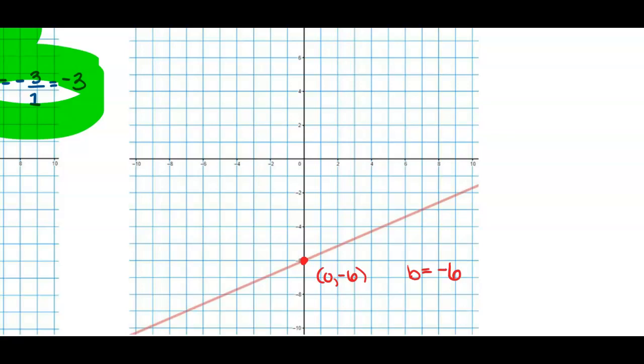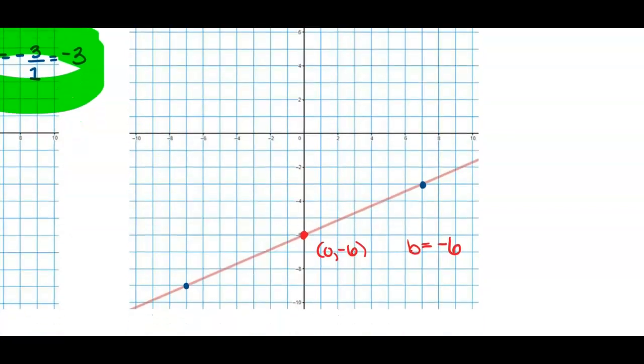Next thing I want to find is my slope. In order to do that, I need some more points on my line. So let's find a nice one that's right at a corner. Here's a spot. And then let's go backwards to see if we can find another nice one right at a corner. Here's another spot. These are kind of far away, but I can still count in between them.